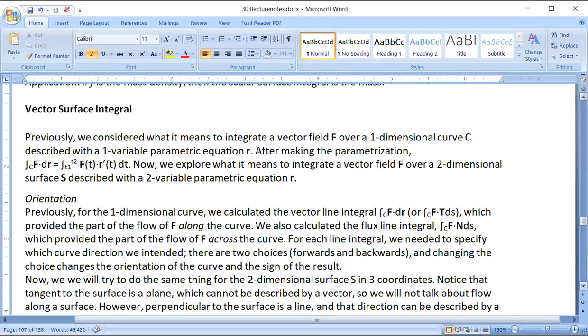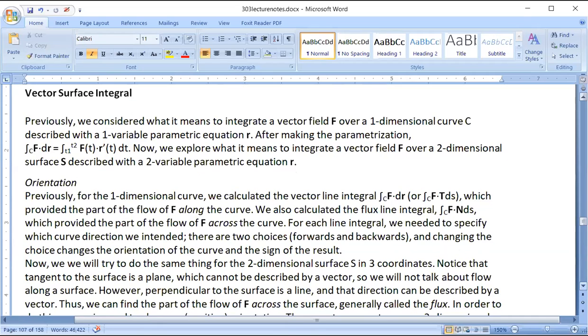Therefore, we are not going to talk about vector field flow along a surface, because that would not make any sense. However, perpendicular to the surface is a line, and that, yes, you can describe with a vector. So while we cannot continue to find the flow of F along a surface, we can still find the flow of F across the surface, and we'll continue to call that the flux.